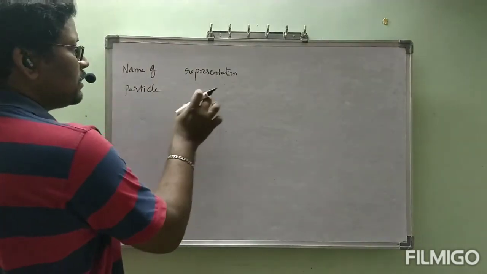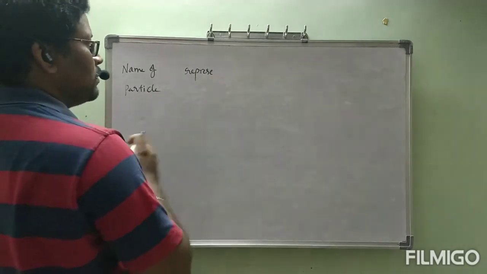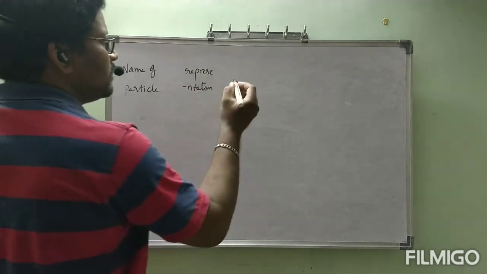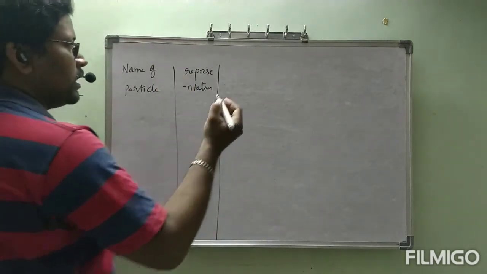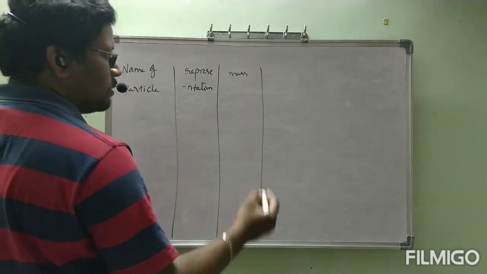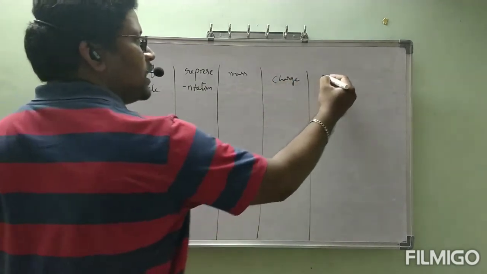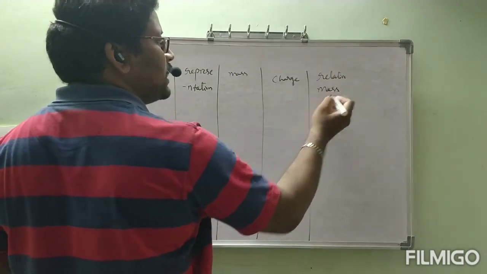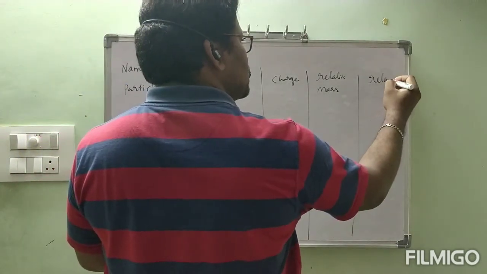Name of the particle, representation, mass, charge. Here this is relative mass ma, relative mass, and final one, relative charge.